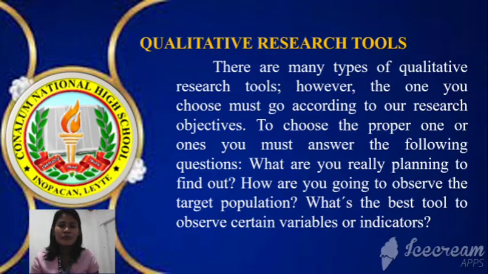So your tool must be based on this. How are you going to observe the target population? So you have to select a tool which will answer this one. Then what's the best tool to observe certain variables or indicators? You have to select a tool. So we cannot apply all the tools. Instead, we have to choose few tools that are only necessary for our research topic.